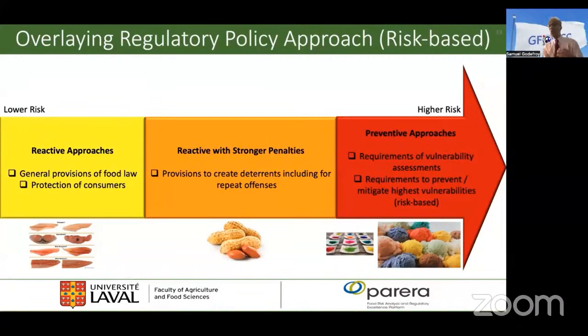When these impacts tend to be higher, it is very important that the framework moves from a reactive approach to a preventive approach. A preventive approach means the development of instruments that would allow us to predict these situations, to identify indicators of their occurrence, and therefore to mandate requirements for producers to avoid these incidents from happening in the first place.